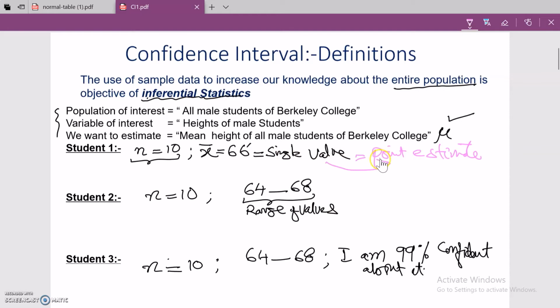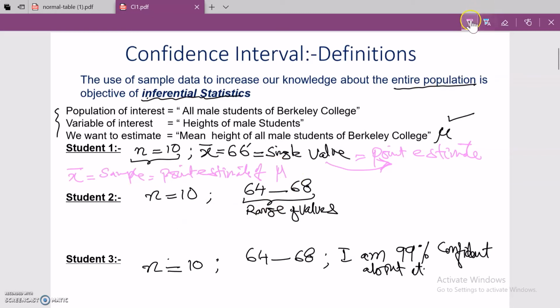So remember, the sample mean x bar is a point estimate of the population mean. Okay, let me write point estimate for mu.